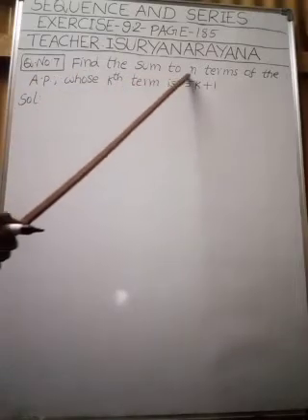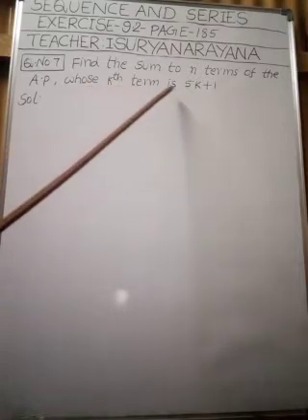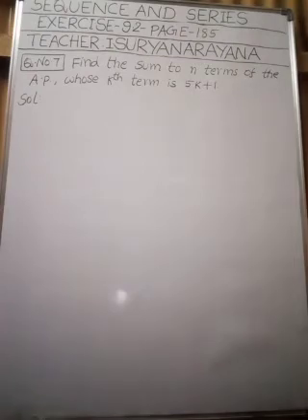Find the sum to n terms of the arithmetic progression whose kth term is 5k plus 1. Okay, my dear children, understood this question. In this arithmetic progression, we are not given the first term and common difference. Previously, I told you, if you solve any question related to arithmetic progression, we should know the first term of the arithmetic progression as well as the common difference.